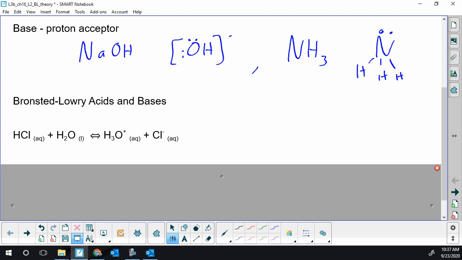So we're going to be looking at acids and bases differently than we did in Chem 20. There are questions that you will now give me a different answer than you would have given me last year. The answer you gave me last year would be true for Arrhenius. This year's answers will be true for Bronsted-Lowry theory. So I have hydrochloric acid reacting with water to make hydronium and chloride.